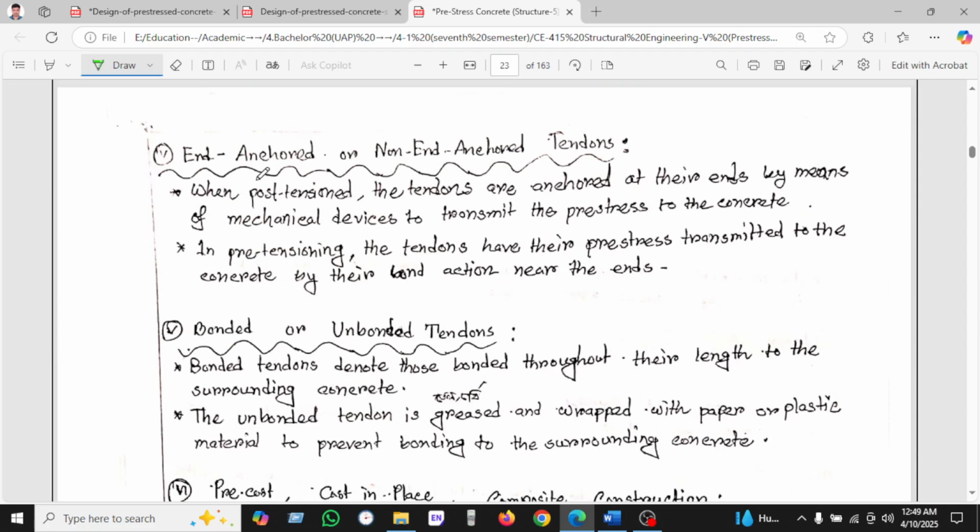So you will see anchor and non-anchor. In post-tension, the tendons are anchored at their ends by means of a mechanical device to transmit the prestress to the concrete, and in pre-tension, the tendons have their prestress transmitted to the concrete by their bond action near the end.